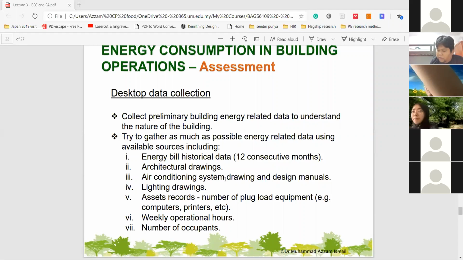Therefore, we expect some really good proposals from you again. Lighting drawings, I think is something that you might have to do. It depends. Lighting is pretty much to estimate the amount of artificial lighting that we have, and also estimate the amount of energy that it uses.